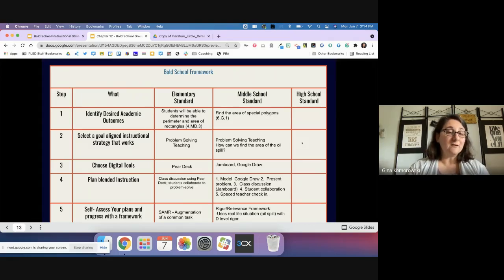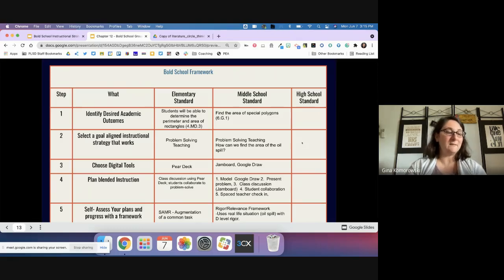But with Peer Deck, it allows for more anonymous class discussion and more anonymous ideas about problem solving, because a lot of times the idea of struggling and not actually finding the correct answer is very uncomfortable for students. The idea that the teacher is not going to step in immediately and intervene is very uncomfortable for students.